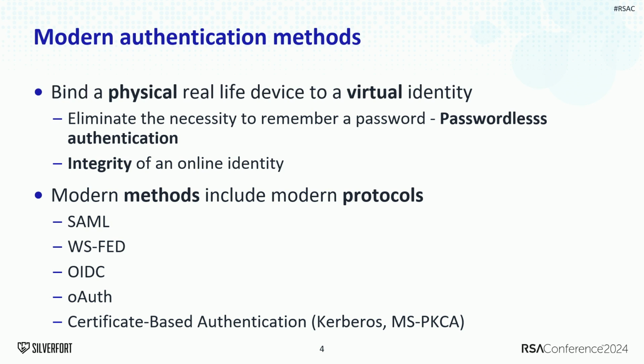These modern methods have modern protocols that were created especially for it. There is SAML, WS-Fed, there is OpenID Connect, OAuth, which is the infrastructure, and some extensions for familiar protocols such as Kerberos certificate-based authentication.